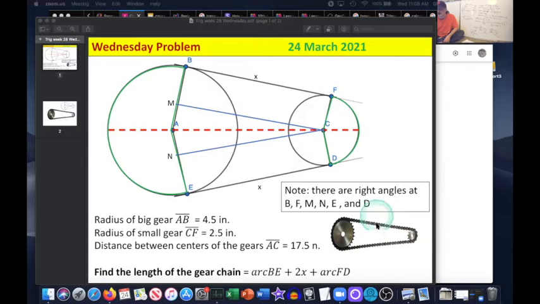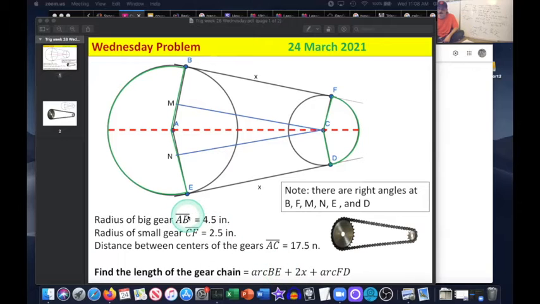And then we have the top and bottom parts that connect the left side to the right side. I labeled those as X. So the formulaic way of doing this is we're finding the arc of BE, and then the X, there's two of them, and then the arc FD.